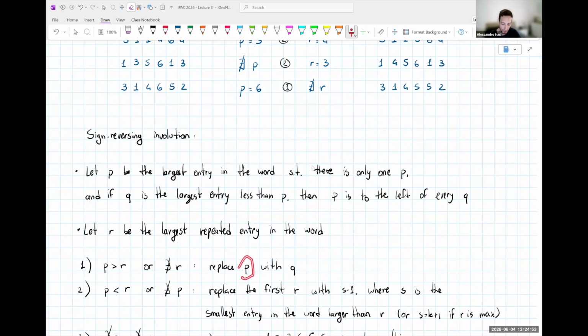Here we're taking something of which we have one, and we replace it with something that we already had. So there's one more missing entry, and so the sign changes. Here we're taking something of which we have multiples, and we replace it with something that was missing, because S was the smallest thing larger than R. So if we put in S minus 1, then S minus 1 is strictly smaller than S, so it was missing in the word.